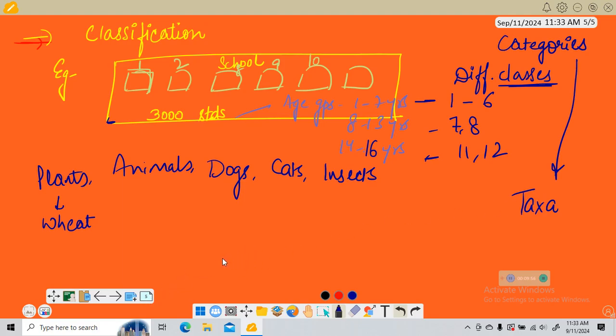Here categories means that organisms are grouped, so we'll classify them on the basis of their characteristics.